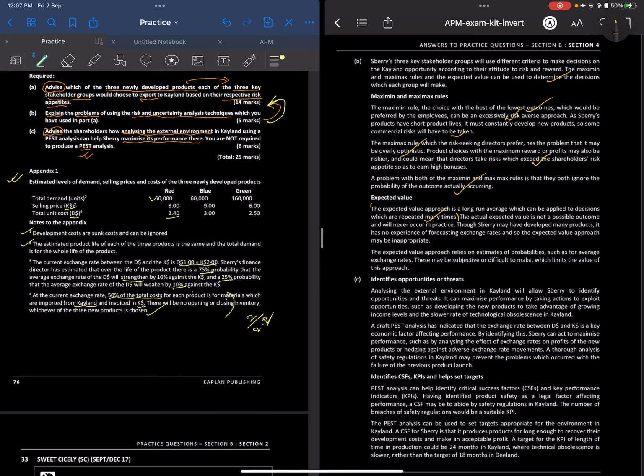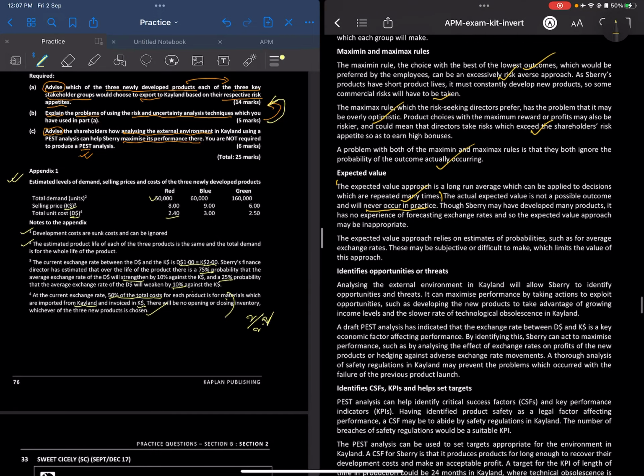The actual expected value is not a possible outcome and will never occur in practice. Though Sberry may have developed many products, it has no experience in forecasting exchange rates, so the expected value approach may not be appropriate, right?